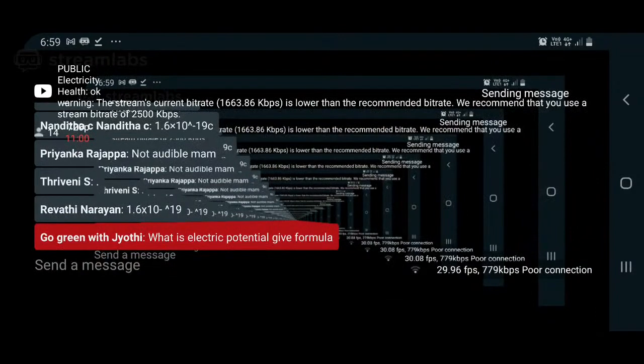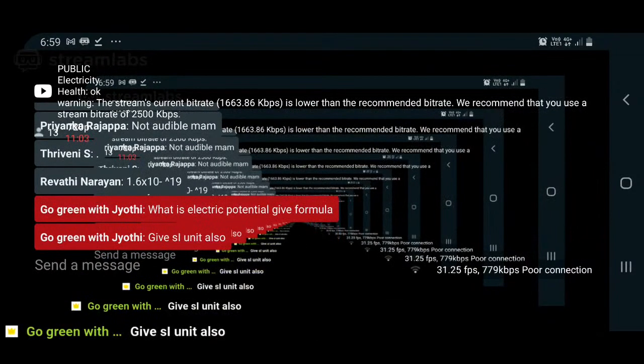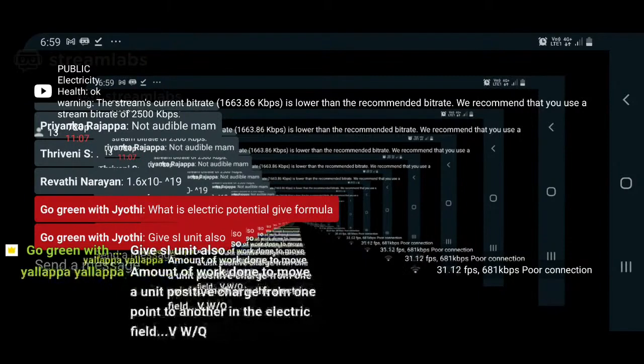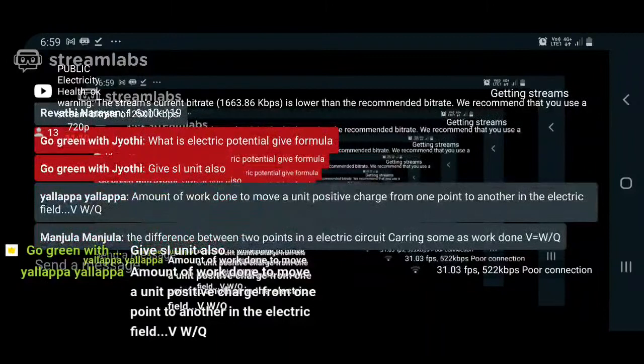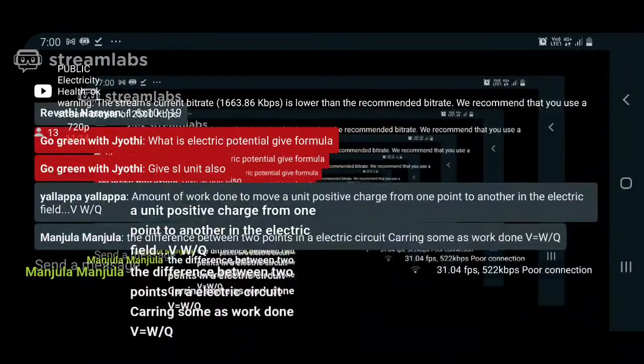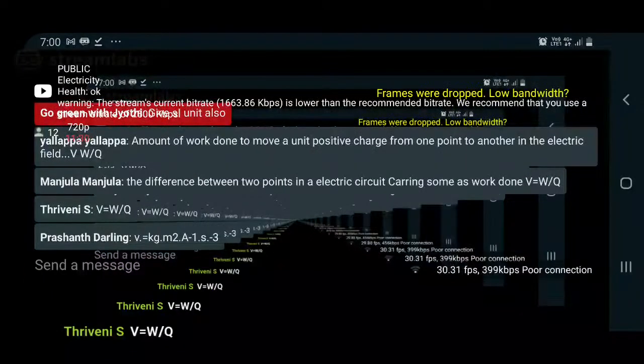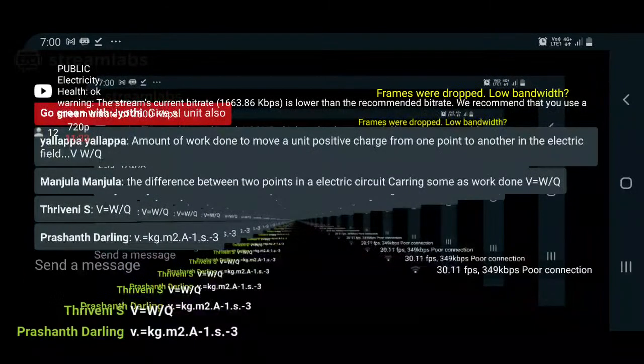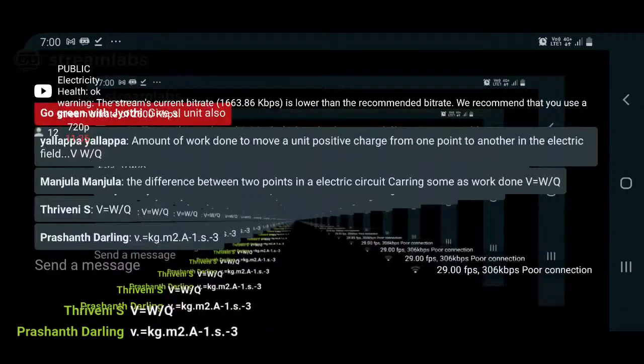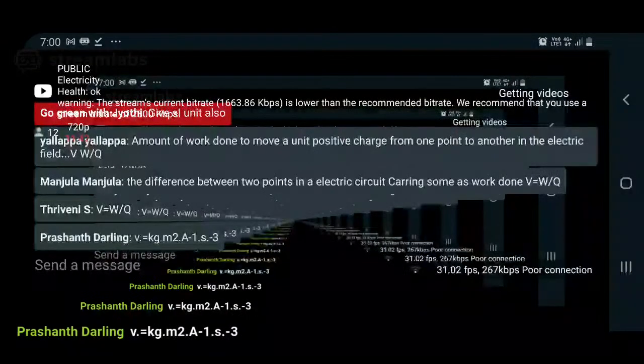Along with the definition and formula, also give the SI unit for the terms given in the formula. And the definitions, Harshita, Rajni, correct answers. Instead of positive, just try to give charged.